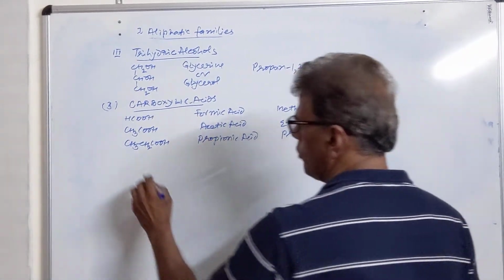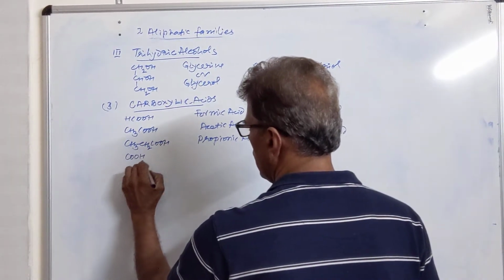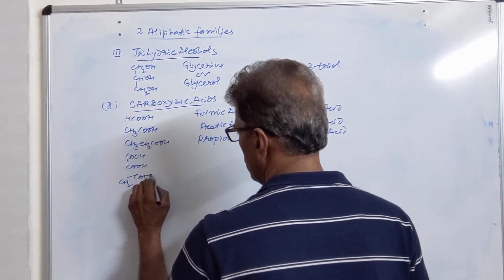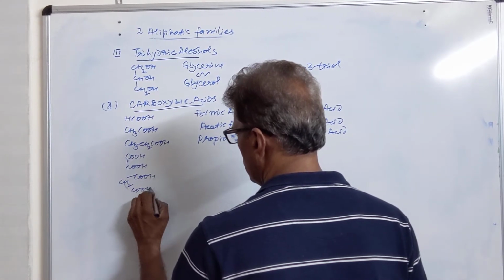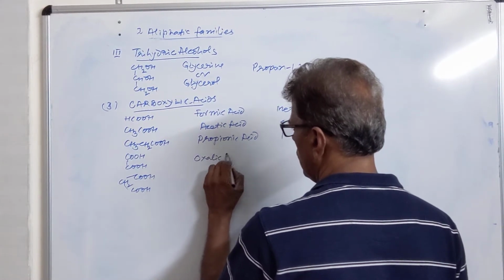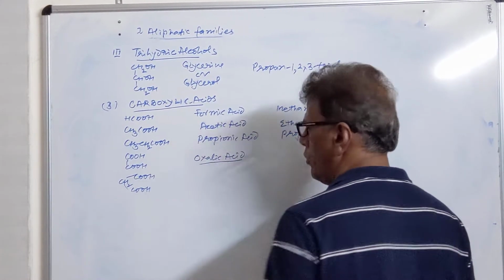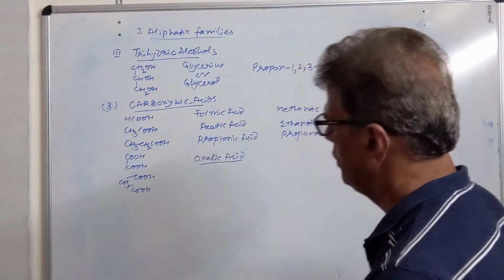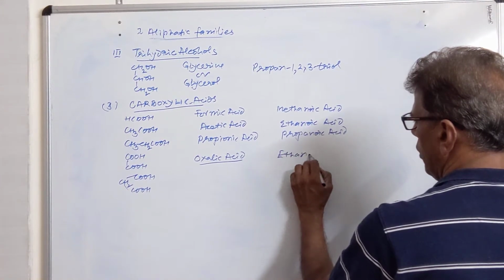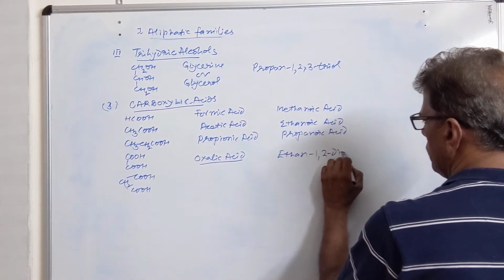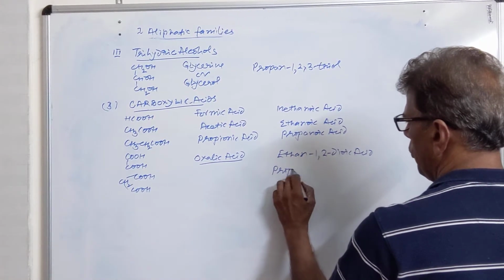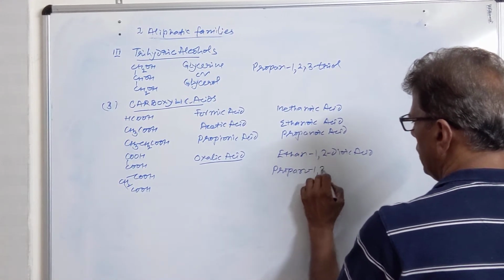Then we have dicarboxylic acids having 2 carboxylic groups. This is oxalic acid, found in spinach, पालक में मिलता है. It is ethane-1,2-dioic acid. This is propane-1,3-dioic acid.